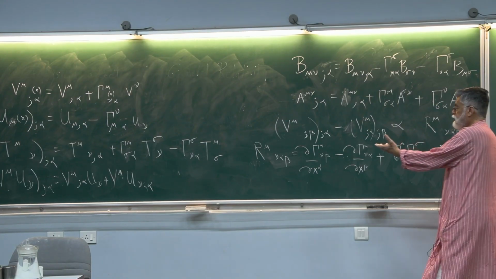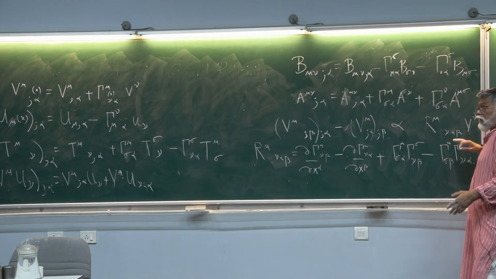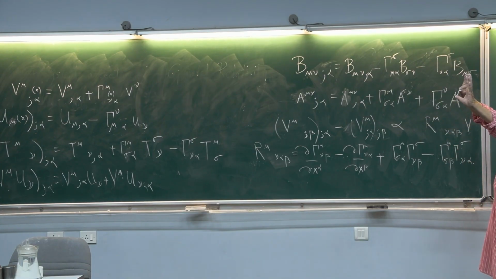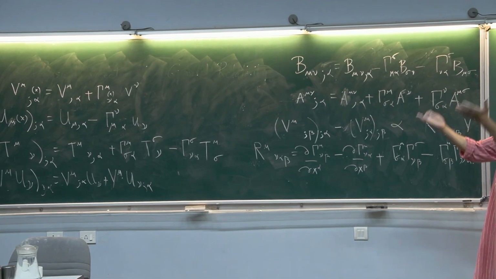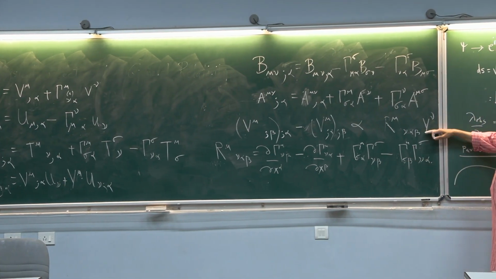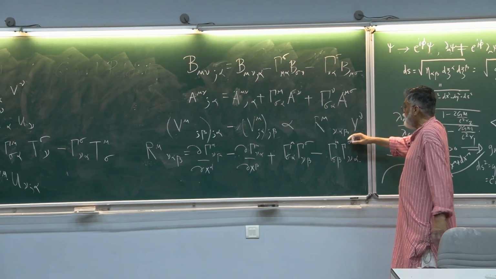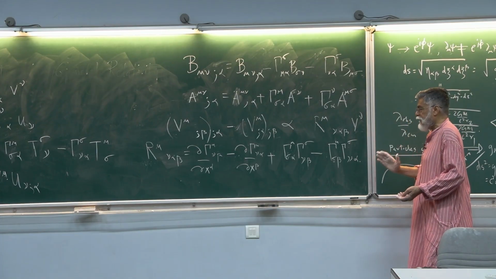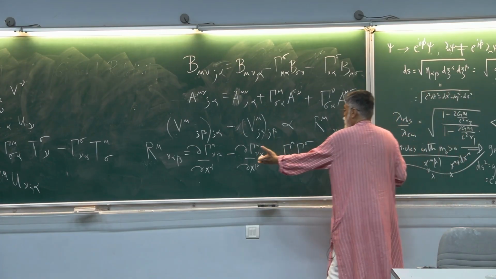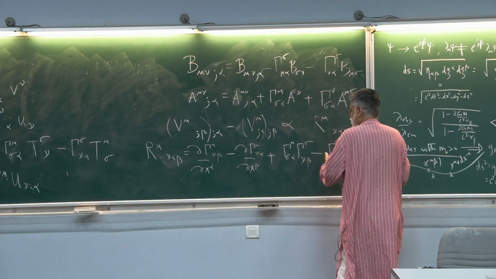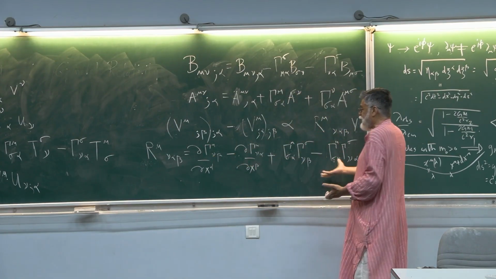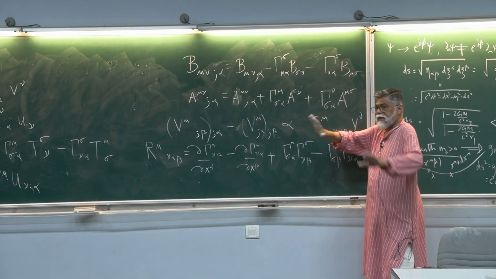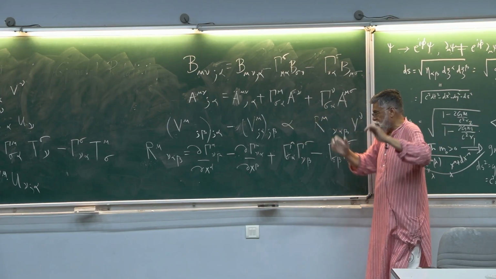So this object, it better be a tensor, because if you have a relation where you have tensors on the left side, the right side better be a tensor, so that they transform appropriately under arbitrary coordinate transformation. So this result itself, when you do the calculation, will tell you that whatever you have got as R^μ_ν must be a tensor. The other way of saying it is, you don't have to prove additionally that this object, this partial derivative and product, is a tensor, by the fact that it is equal to this, it is a tensorial relation. Okay. That's the first thing.